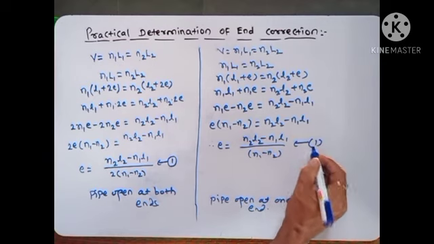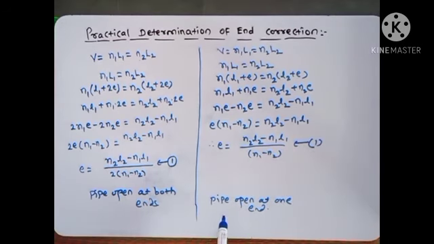Suppose this is equation number 1. That means when the pipe is open at one end and closed at the other, we can eliminate the end correction, and when the pipe is open at both ends, we can obtain the value of end correction here. By using all these, we can easily obtain the end correction in both cases. This is all about vibration of air column. I hope you all understand this. Thank you.